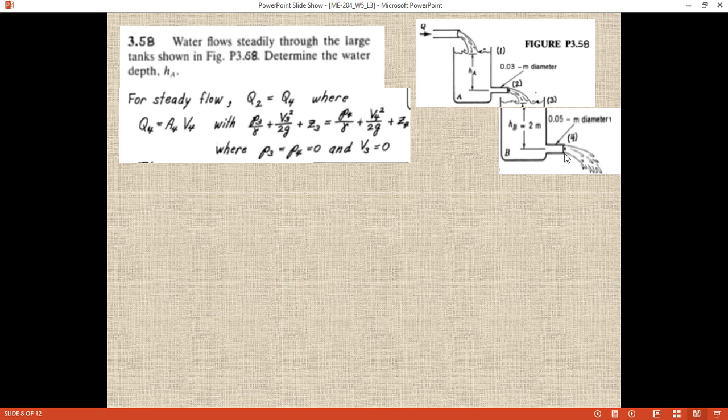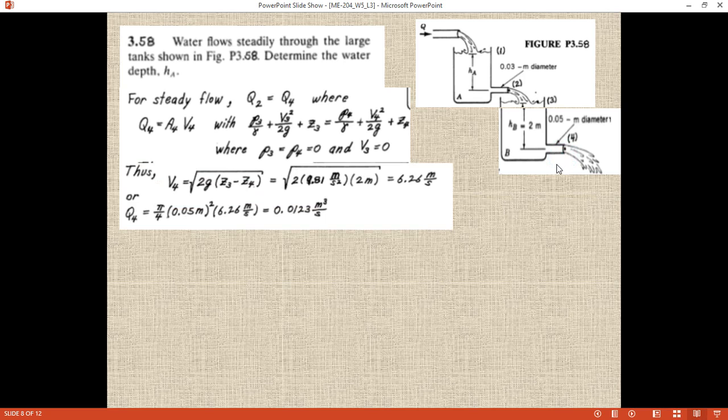To find out V4, we apply a Bernoulli equation between point 3 and point 4, and we apply the boundary condition of free jet. So in that case P3 and P4 are equal to 0, and V3 is also equal to 0 because it's a large reservoir. So we substitute the value, and finally we get 6.26 meter per second, the V4 velocity.